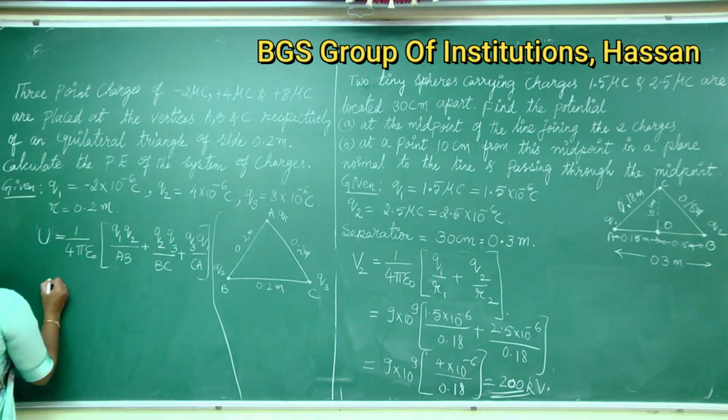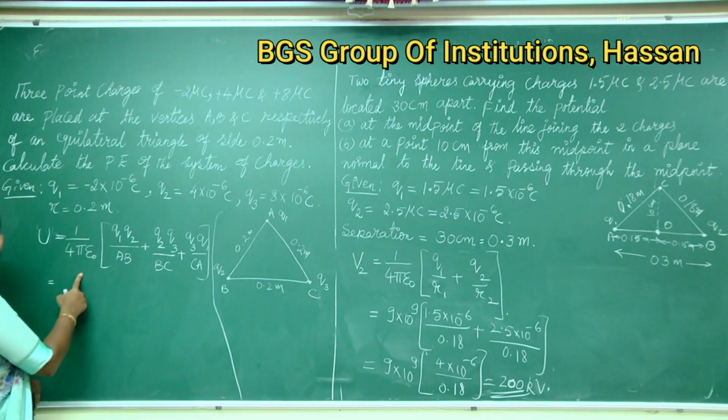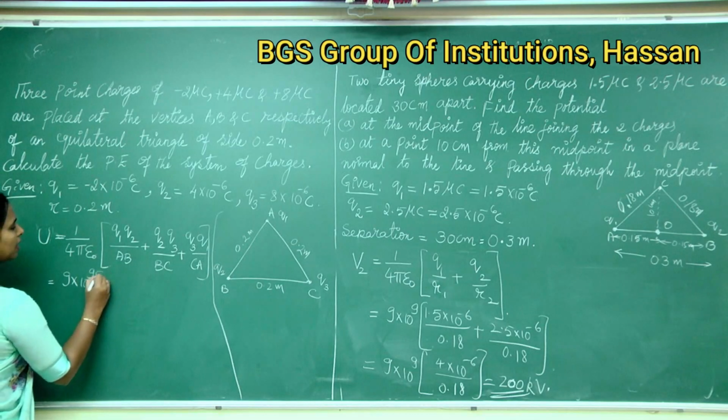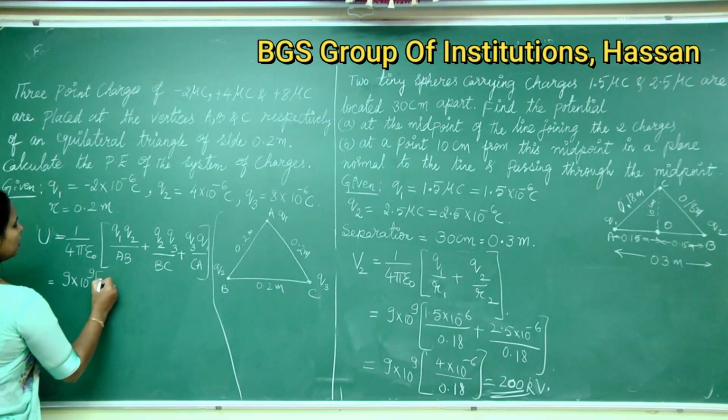Now substitute the value. What is the value for 1 by 4 pi epsilon naught? It is 9 into 10 power 9. What is Q1?